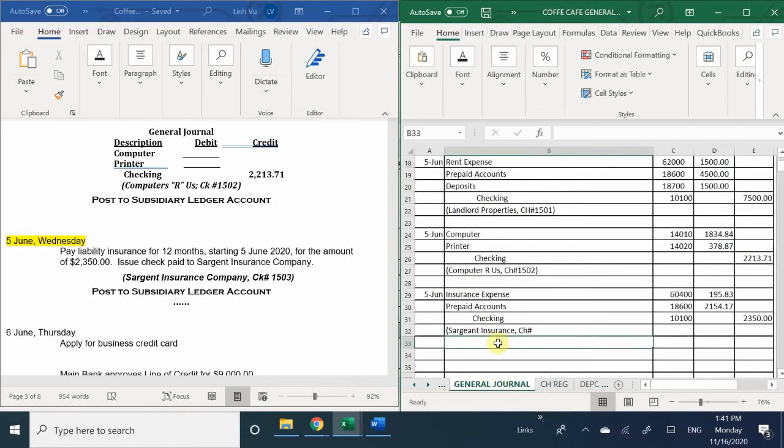I think I spelled Sargent wrong here. Sargent Insurance Co. for company. Okay? Check number 1503, comma, and then you can write in here 12-month insurance.